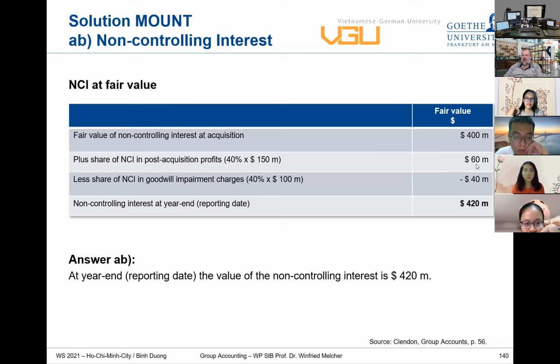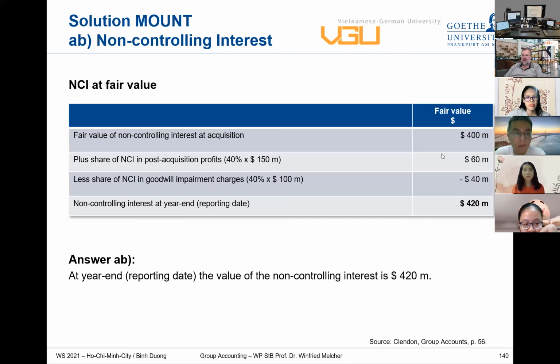So we have 460. Well, then bad things happen and the goodwill has to be impaired. Because we are in a full goodwill situation, the NCI will get their fair share of that impairment.